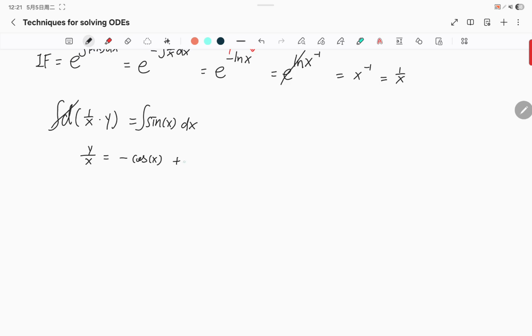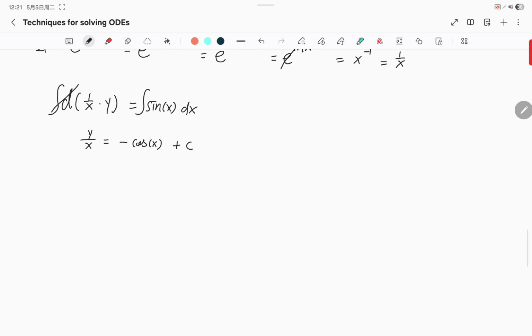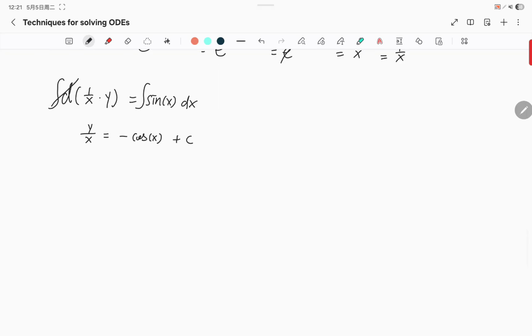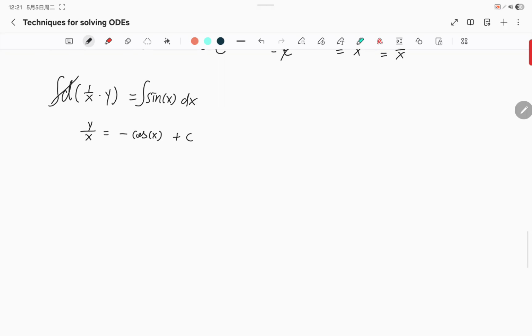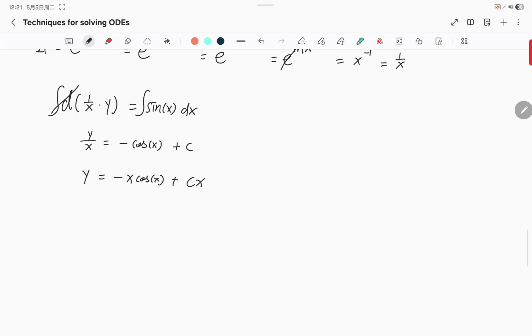Don't forget plus c. And there we go, we have an expression, and we're almost done. The next step is to bring this x to the other side. And there we go for this equation.